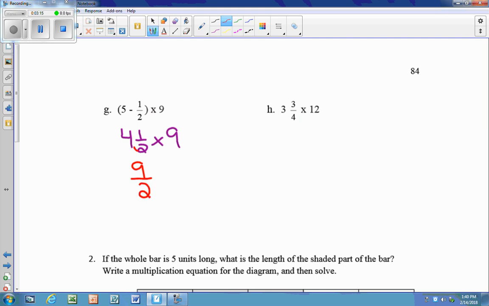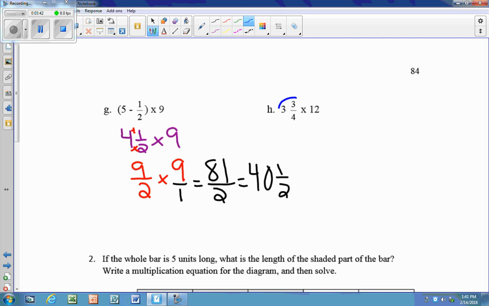That was where we did 2 times 4 is 8, plus 1 is 9, and we multiply it times 9. We know that there really is a secret number 1 under there. So we go through this and we go 81/2. We can't leave that like that either. 2 goes into 81 40 times, and 1/2 is left over. And that would be our answer to that one.